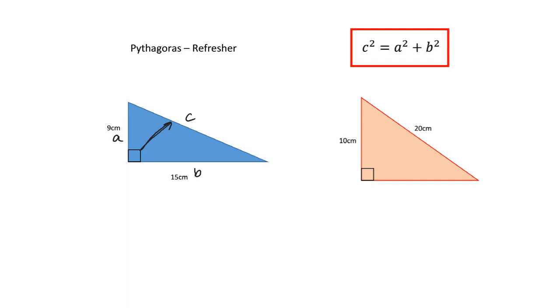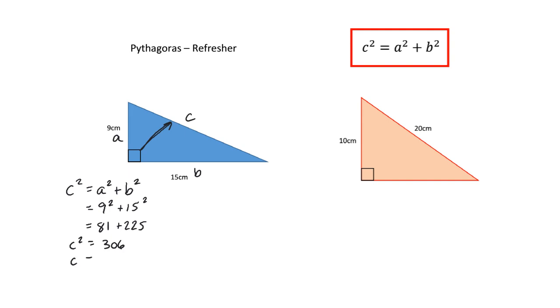So to find the length of C, I'm going to use my theorem, and I'm going to substitute in. So I've got 9 squared plus 15 squared. So I've got 81, add 225, which is going to give me 306. Remember, that's C squared.